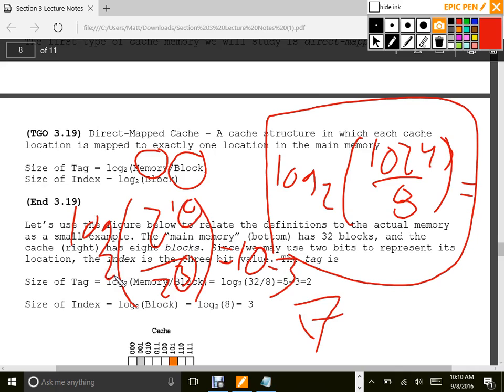Remember, log 2 will all cancel out, right? So that becomes 7, which means that in this case, our tag is going to be 7 bits. That means each block is 8, and we have 1024, which means we need 2 to 7 to be able to figure this out.